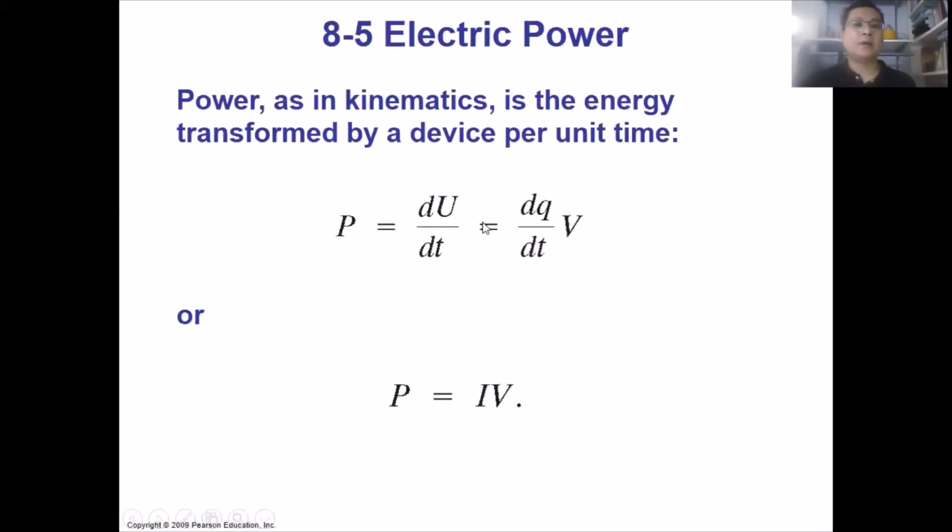Okay, now we go to the topic of electric power. Power is the energy transformed by a device per unit time. If we refer to mechanical energy, we refer to kinetic energy, such as in MPV, MPH.